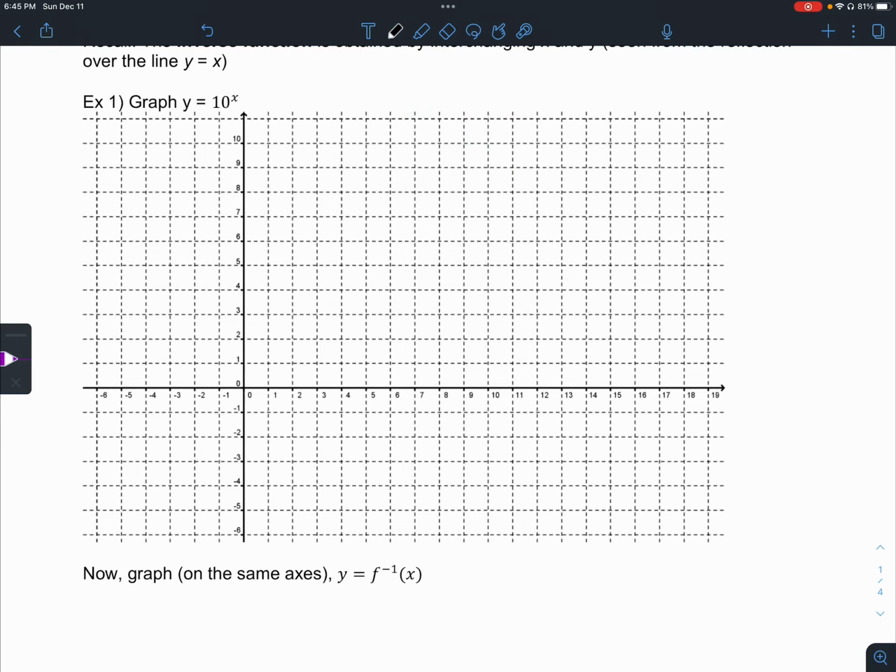All right, starting with y is equal to 10 to the exponent of x. When x is 0, y is 1. Recall that all exponential functions generally pass through 0 and 1. When x is 1, y is 10.